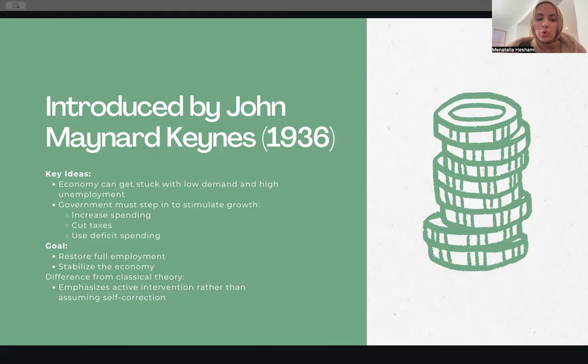To stimulate growth, the government can increase spending, cut taxes, or even use deficit spending. The goal is to restore full employment and stabilize the economy. Unlike classical theory, Keynesian economics emphasizes active government involvement to prevent prolonged recessions.